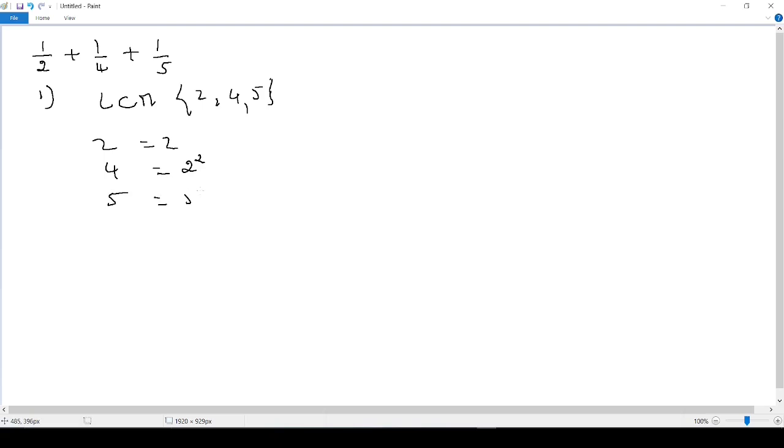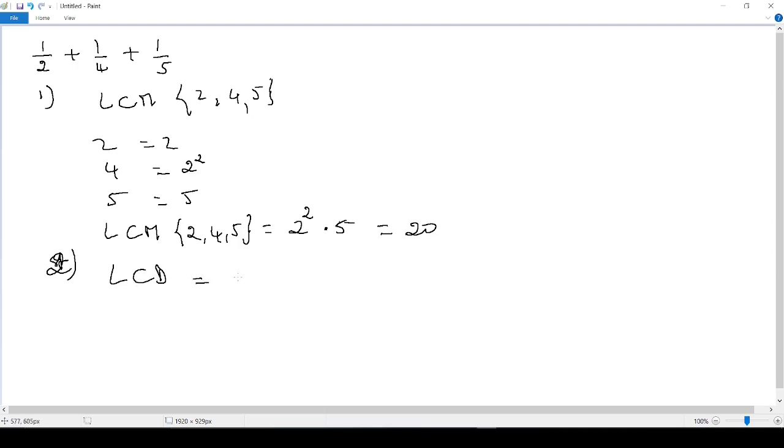So the LCM of 2, 4, 5 is 2 squared times 5, and that gives us 20. So step 2, the LCD is equal to 20 as well.